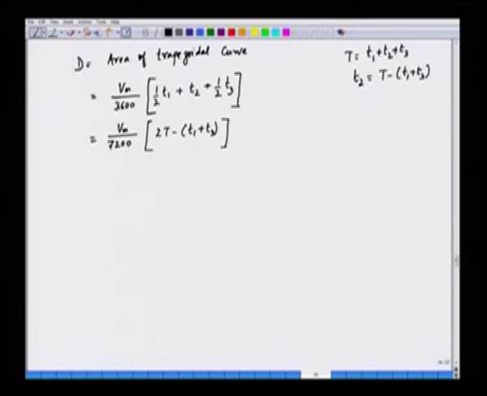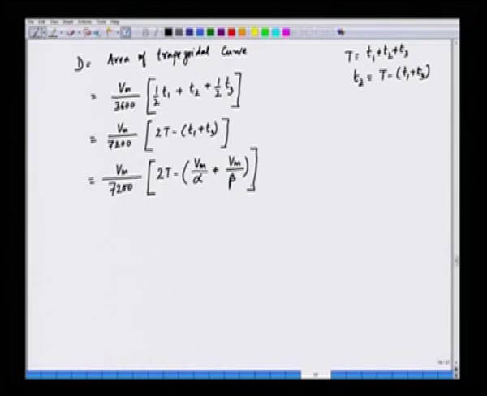So, we can substitute that here. So, Vm by 7200 into 2T minus T1 plus T3, and that can be simplified as follows: Vm by 7200 into 2T minus Vm by alpha plus Vm by beta.